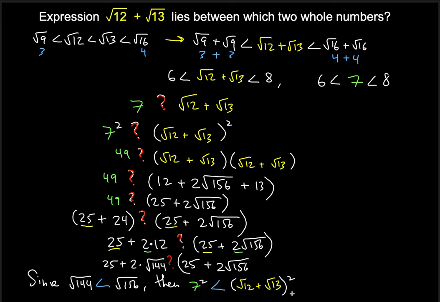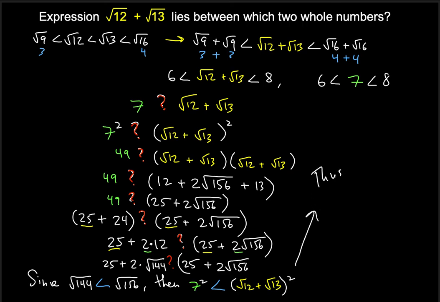And this is the reason why: because we've shown that everything else being equal, these two radicals compare in such a way that radical 156 is greater than radical 144. So overall, this side should be greater than that because everything else is equal there, right? So then 7 squared is less than radical 12 plus radical 13 squared.